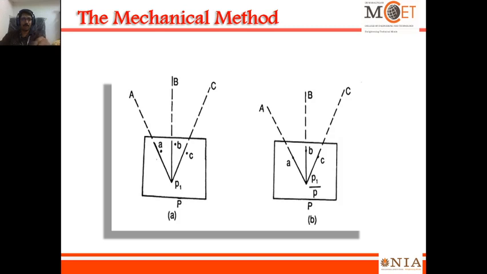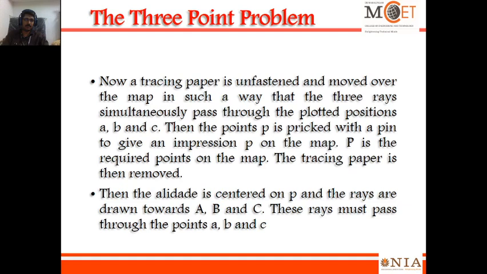So a mark will be created in the sheet. Right, now we can remove the tracing paper. With the help of that pricking point marked as P, sight A, drop a line, sight B, drop a line, sight C, drop a line, you will get the exact position, right? This is the mechanical method. The same procedure is explained here.